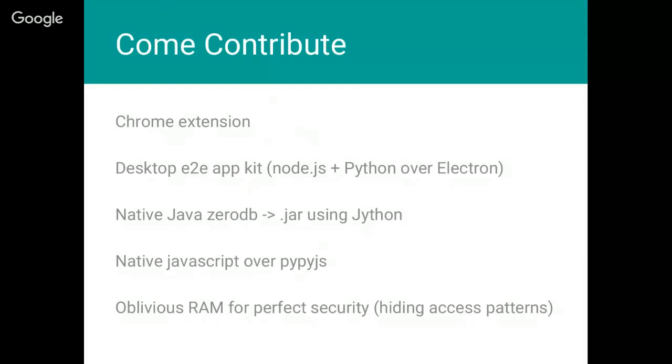Also, it's apparently not very hard to make ZeroDB usable by Java applications. And that's all thanks to Jython. So you can actually run ZeroDB using Jython. The only thing which has to be done for that is to write plugins for our pluggable encryption, which use encryption primitives in Java rather than in Python libraries, because the standard Python encryption libraries are not available in Java.